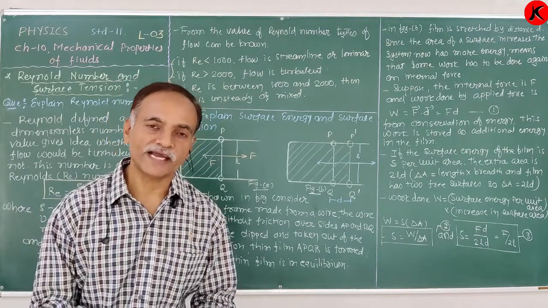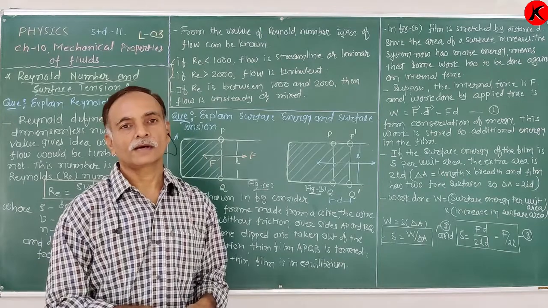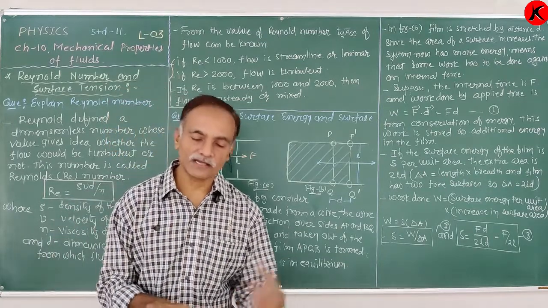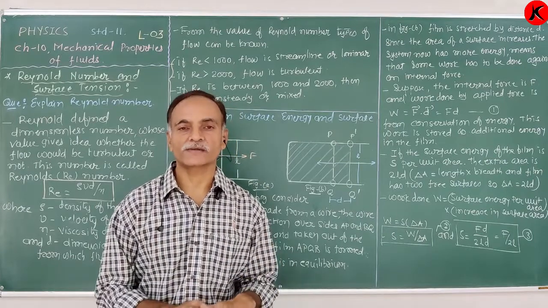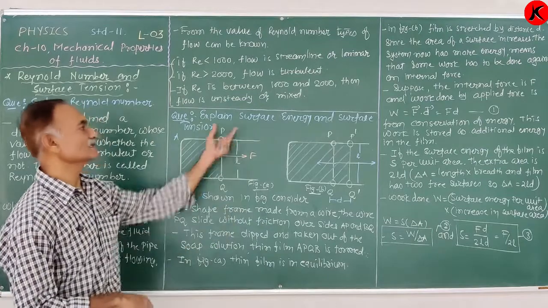We are also familiar that a drop of water or a raindrop, and also an air bubble, or whatever bubble is formed in water, is always in circular form. This depends on the surface energy.